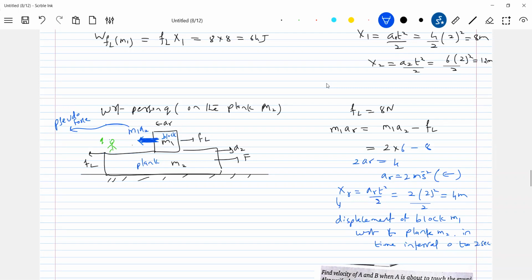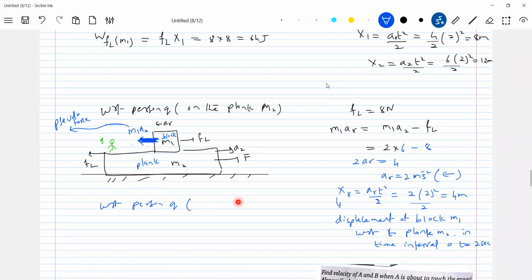I gave enough information. Okay, let's calculate the work done by the friction. Work done by the friction on the block M1 with respect to person Q, who is on the plank, a non-inertial frame. You write it.